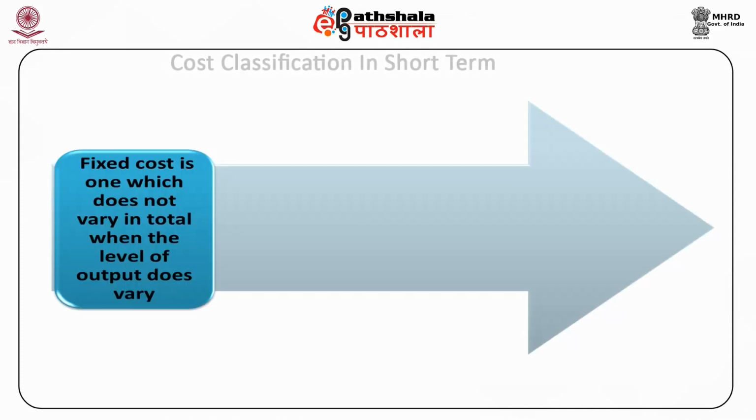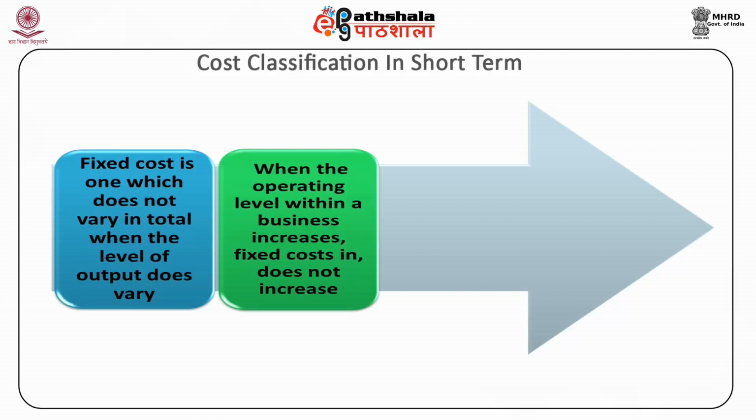Fixed cost. The definition of a fixed cost is one which does not vary in total when the level of output by the business does vary. In other words, when the operating level within a business increases, fixed costs do not increase.